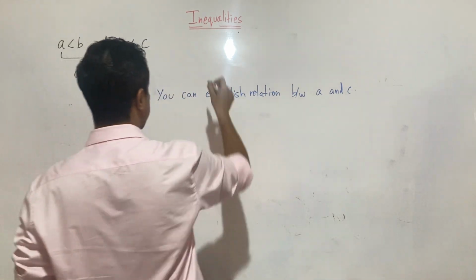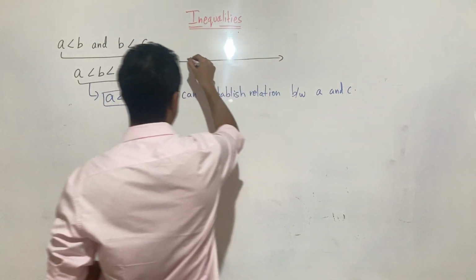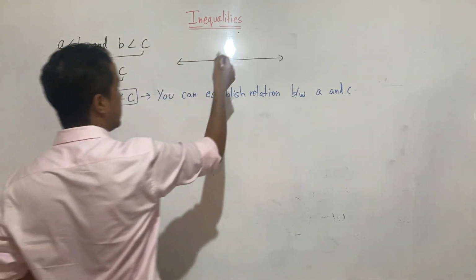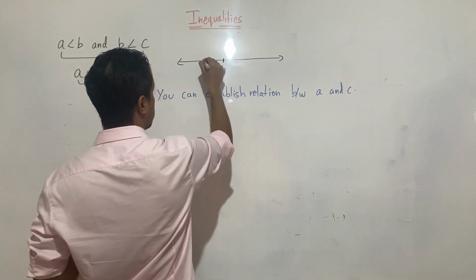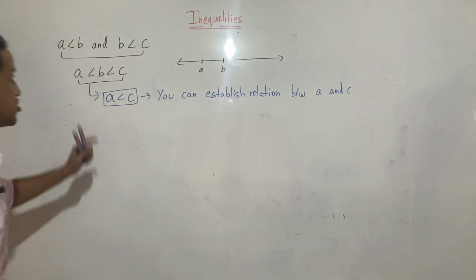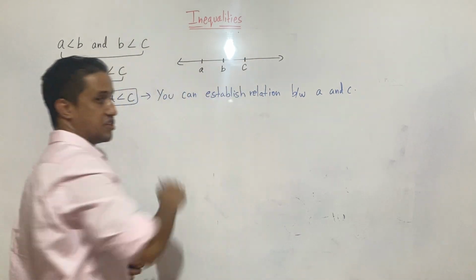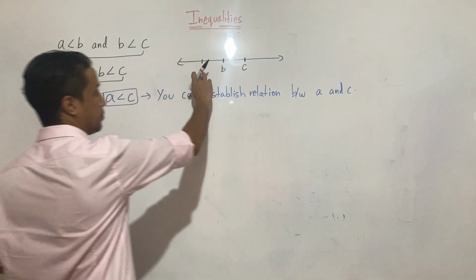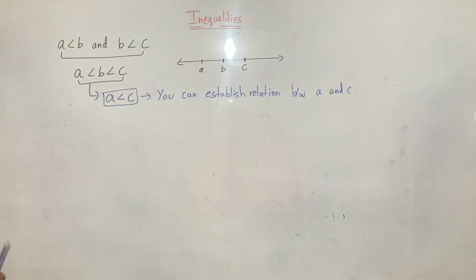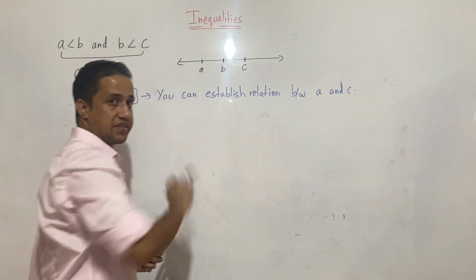Let's say I have a number line and it says A is less than B. So here I have B, so A must be here, and B is less than C means C is here. So clearly we can establish a relationship between A and C, meaning A is less than C.